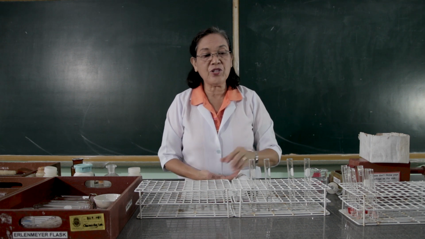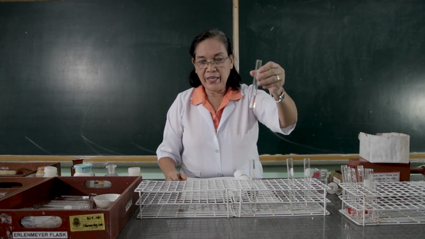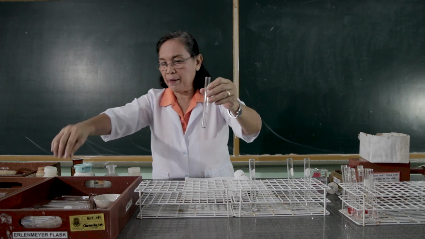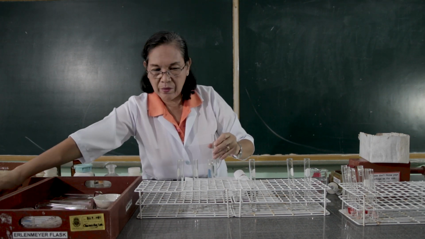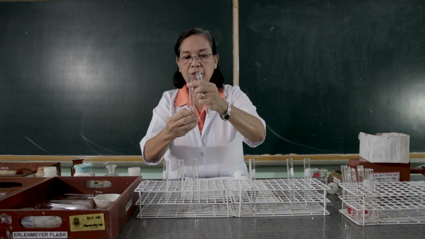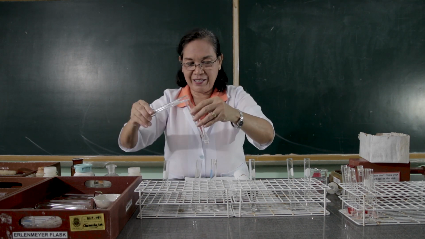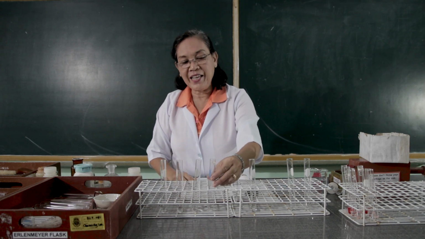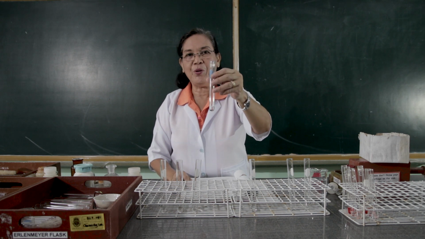Let's go to the third test tube containing the sodium hydroxide. Now, let's divide again this content into 4 parts. To the first test tube of the sodium hydroxide, let us put the blue litmus paper.